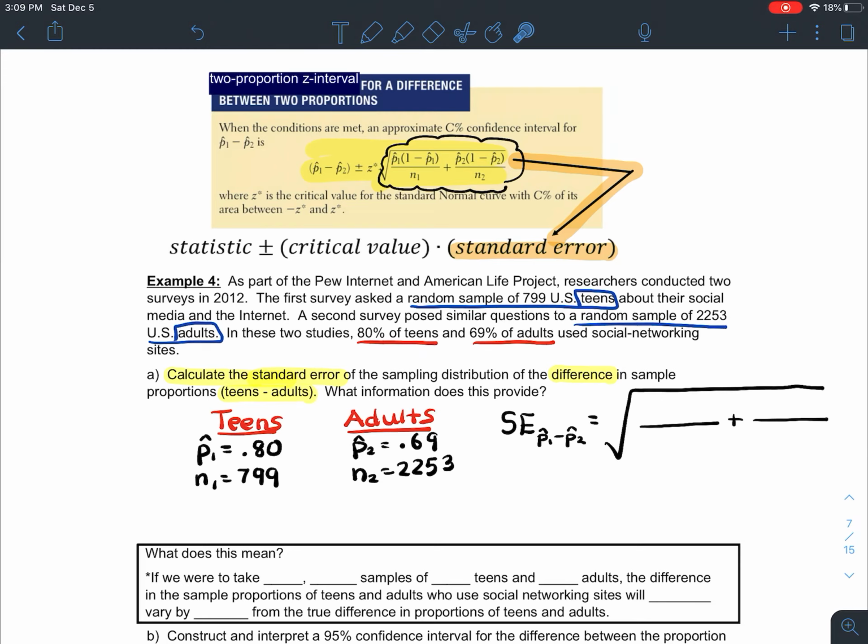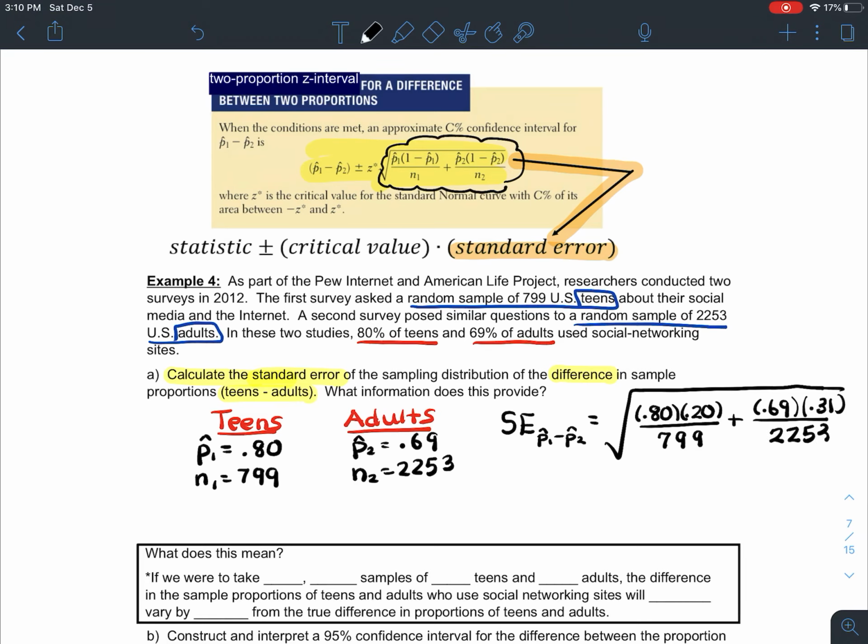I'm taking the sample proportion, we're calling that a success from the teenage group here. That's an 80%. And I'm multiplying that times the probability of a failure, which would be that a teenager does not use social networking sites. The denominator is the sample size. I'm going to do the same thing here with the adults. 69% that they use it.